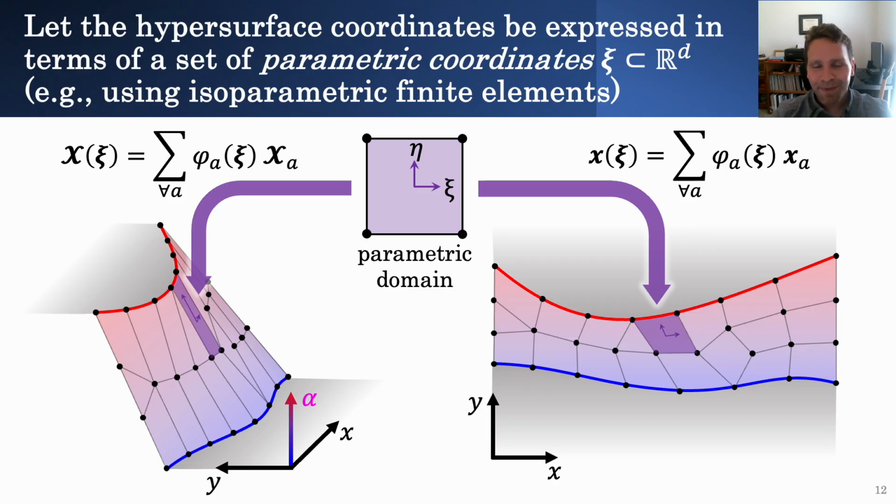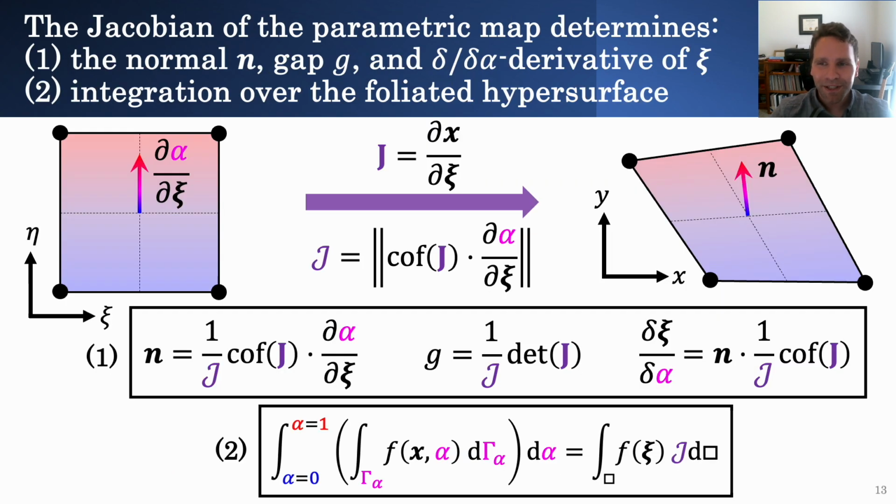And the nice thing about having such a parameterization is that through the Jacobian of this parametric mapping of a given element, discretizing this hypersurface, the Jacobian enables me to compute all these different quantities that I wanted.